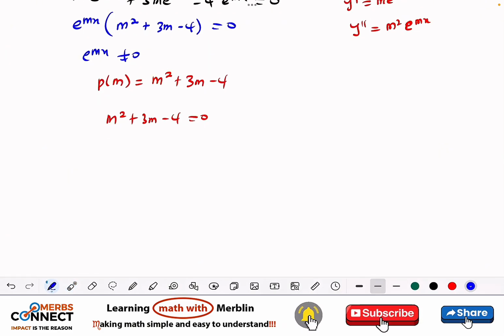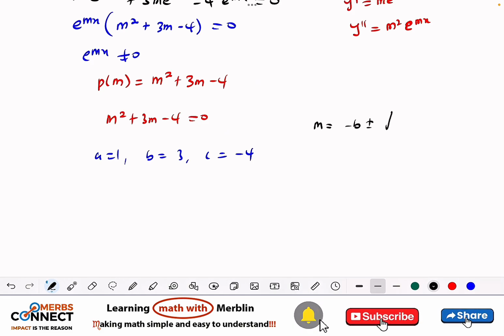This is going to give us a is 1, b is 3, and c is -4. So let's try and then use the quadratic formula. The quadratic formula is minus b plus or minus square root of b squared minus 4ac, divided by 2a.